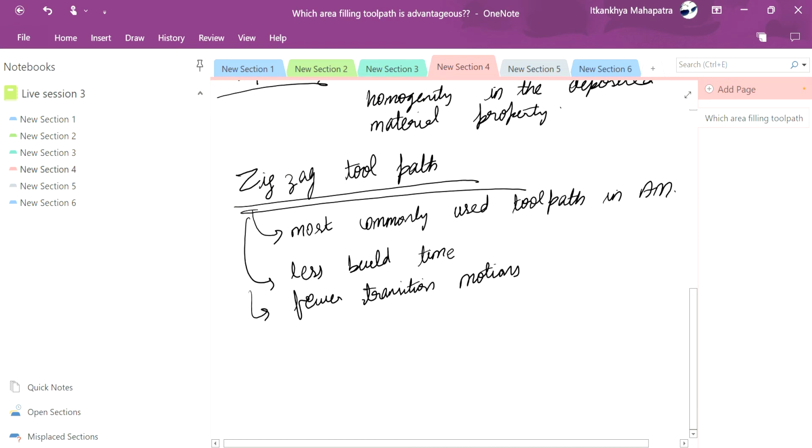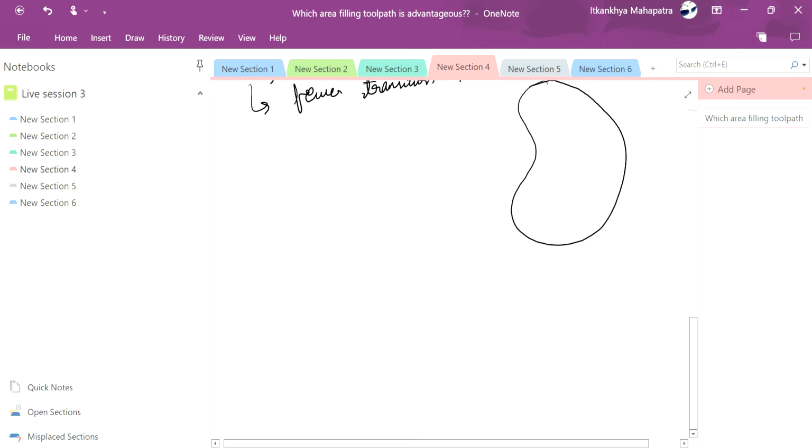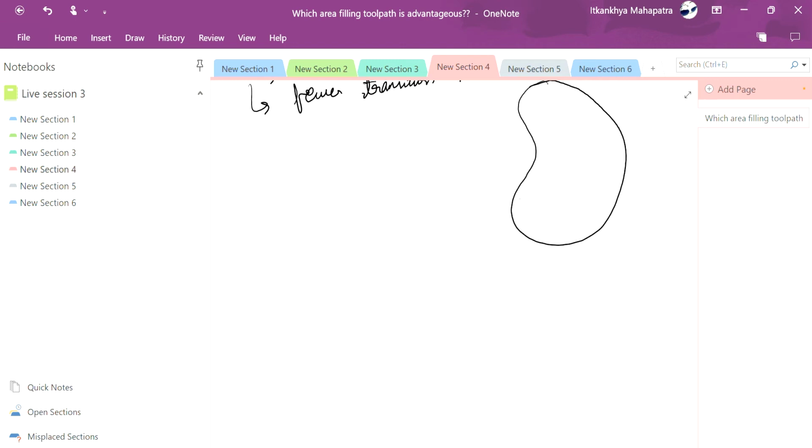So what happens here is the tool moves from here to here, then it goes along the path, then again it comes to here, and it deposits material here also. This will be the path followed.